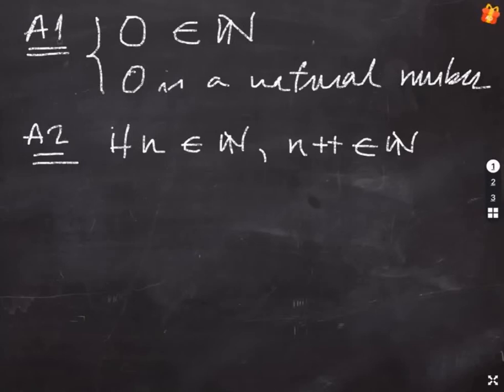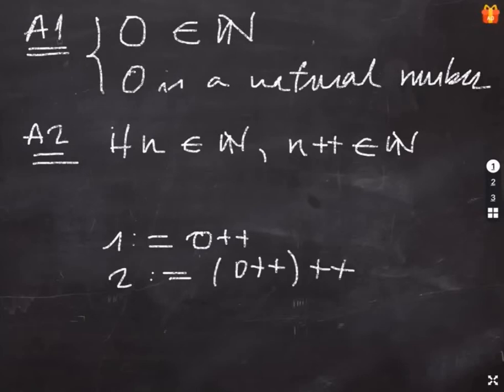Okay. So these two axioms now allow us to introduce definitions and propositions. For instance, we define 1 to be the number 0++, the natural number 0++. We define 2 to be the number 1++, and so on and so forth.